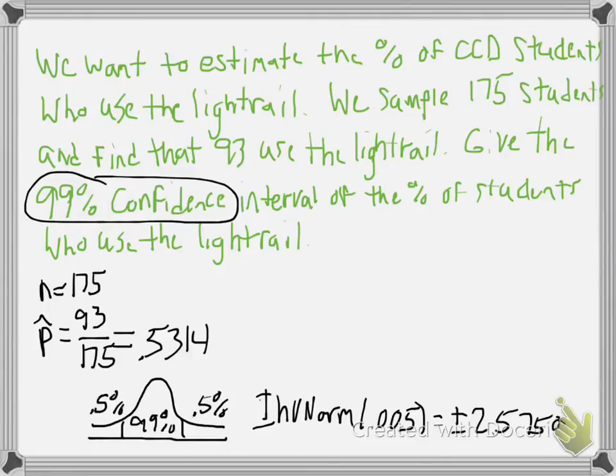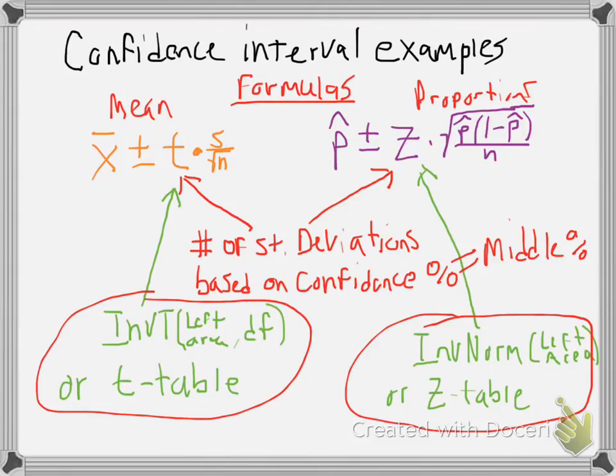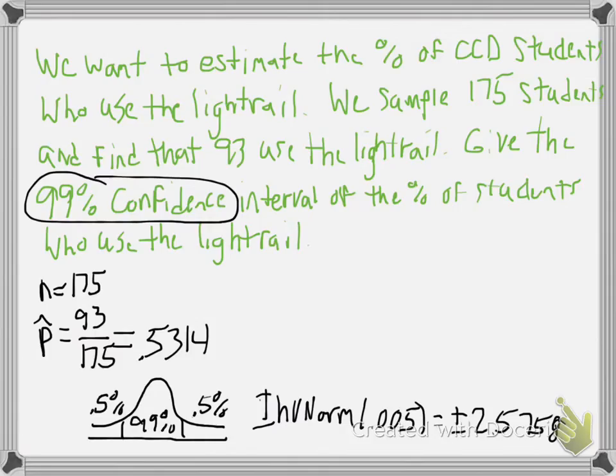Okay, so then, just following the formula from the last page here, p hat plus or minus z times the square root of p hat, 1 minus p hat over n. I have all those numbers, so I'm going to type it in. I don't have enough room to write the formula and then write it again, so I'll just write the numbers in.